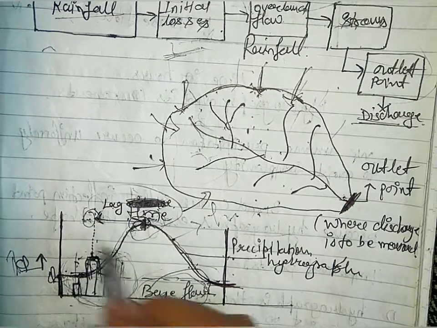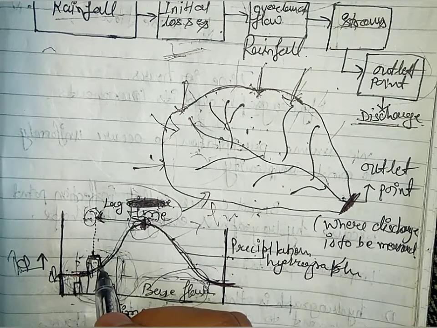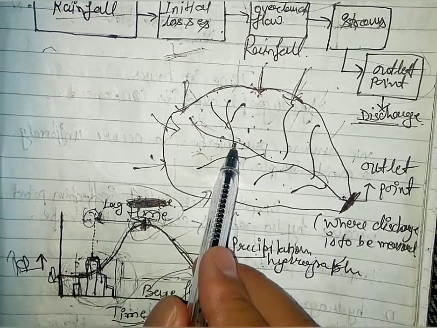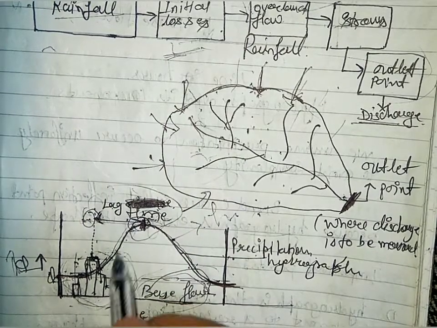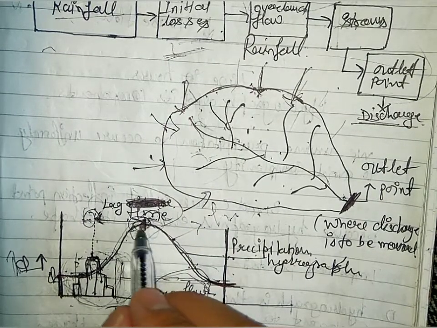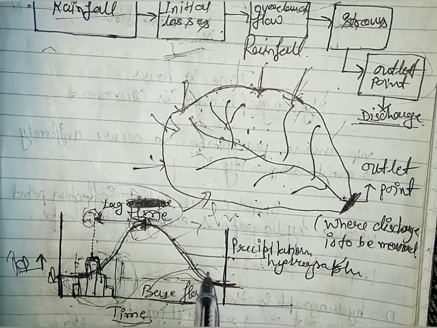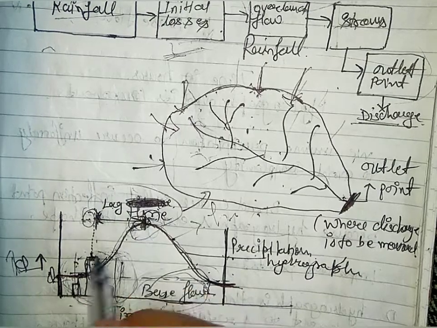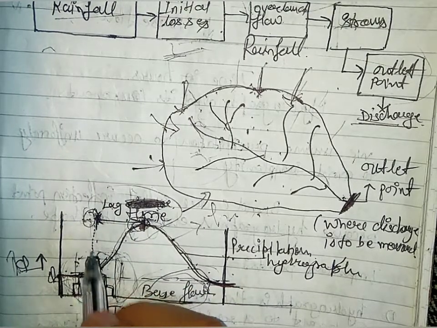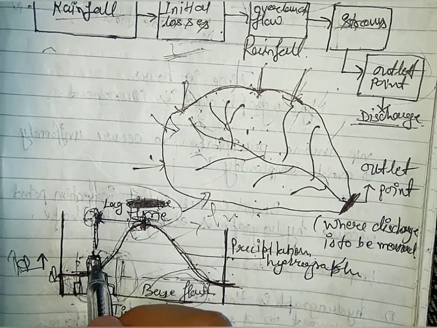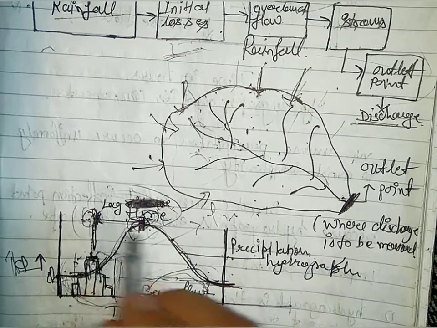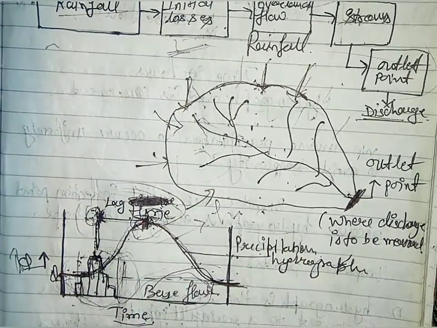Because whenever the rainfall event occurs, the water in the river is not suddenly going to rise. It is going to take some time to rise, then reach its peak value, and after that decline. So this is called the lag time, this distance between the peak of the rainfall and the peak of the discharge.